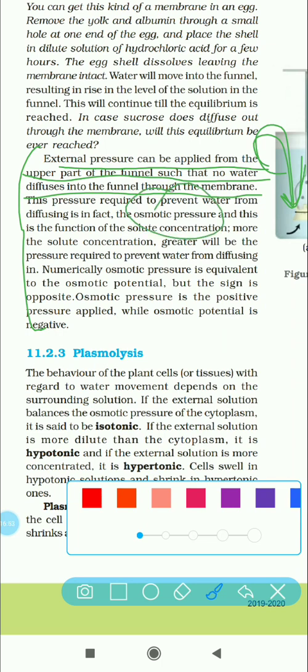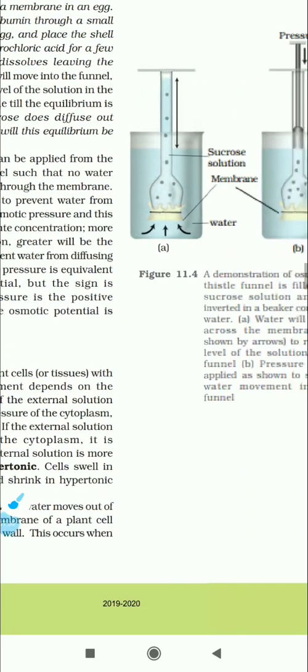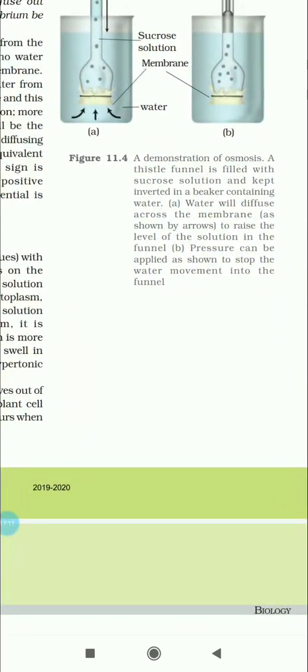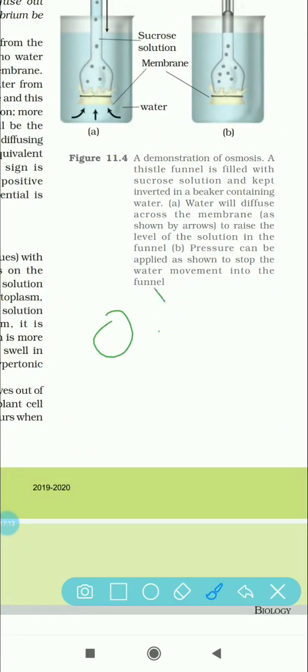It depends on solute concentration. The more the solute concentration, the more pressure is required. Now we also have something called osmotic potential. Osmotic potential is always negative, pressure is always positive. So you should remember it like this.